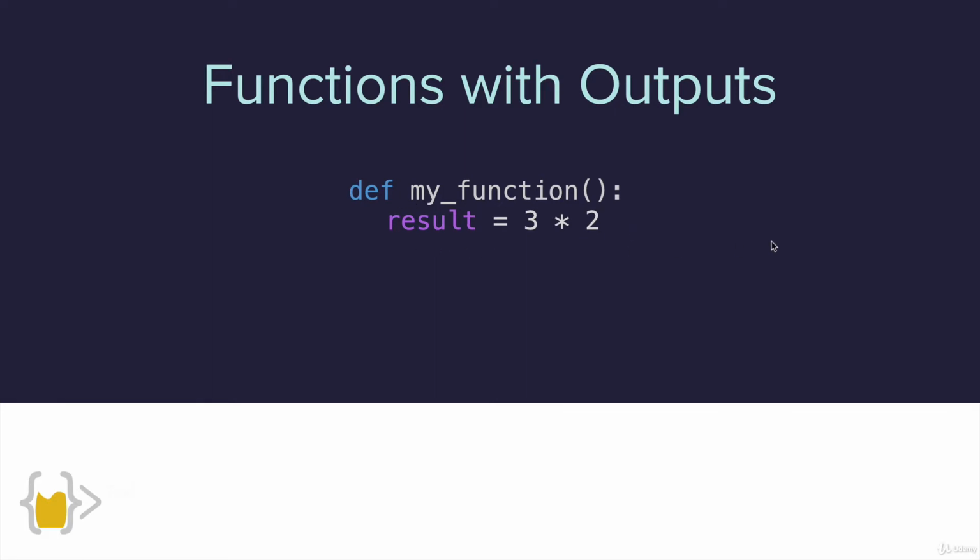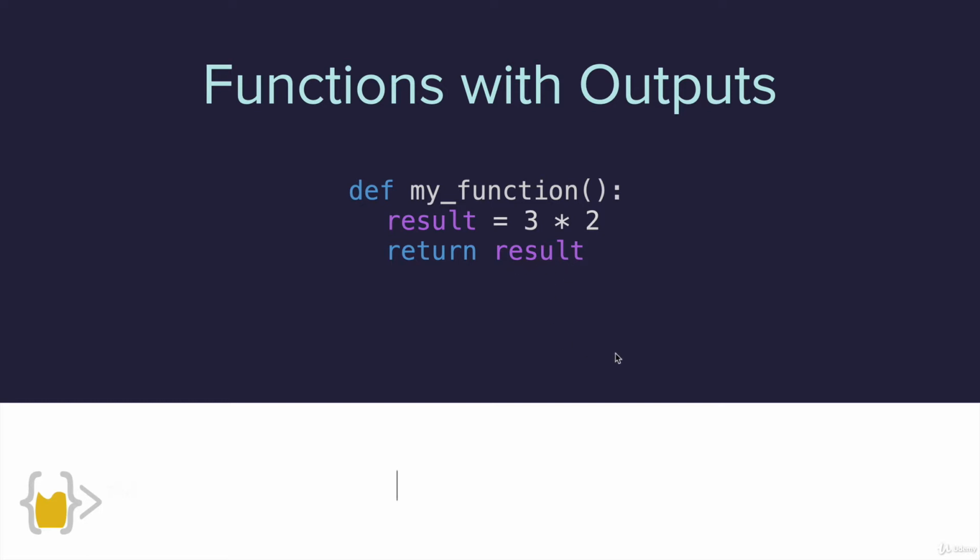Now, once that's done, I can use the output keyword, which is return, and then after that keyword, I can put whatever it is I want to be the output of this function. So in this case, the output is the result.